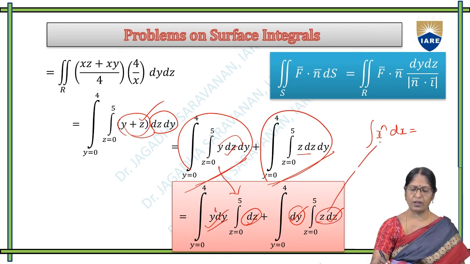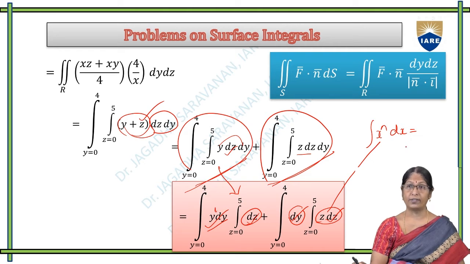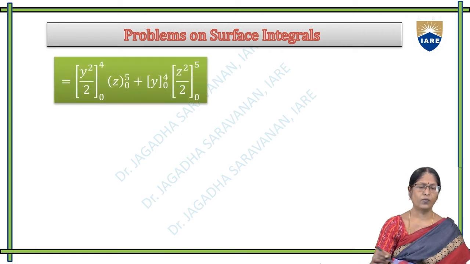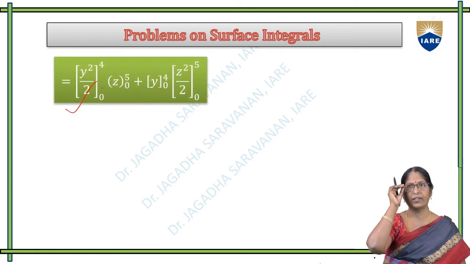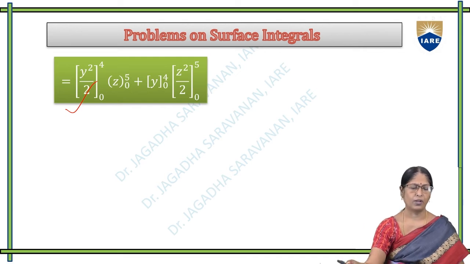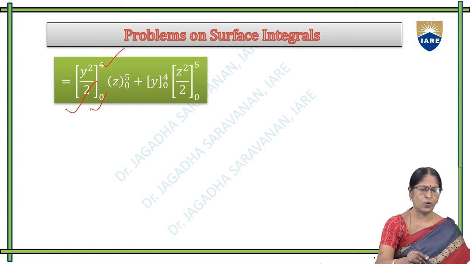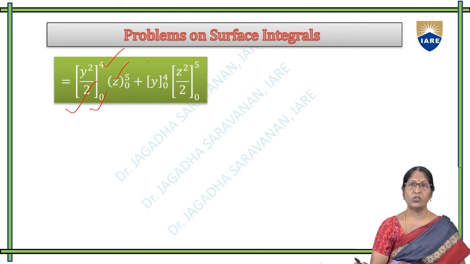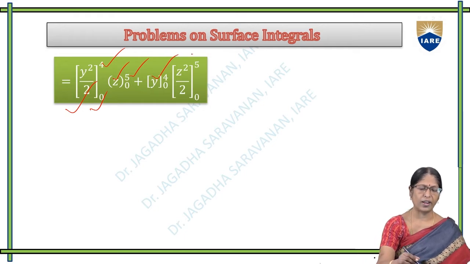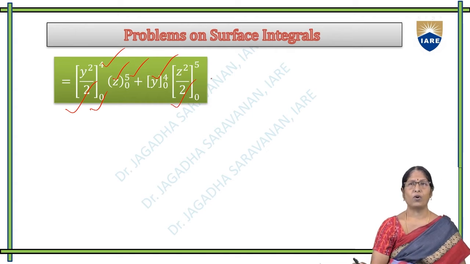And for z power 1, the integration is z squared by 2. So we can see it here, as discussed in the previous slide: y squared by 2 with limits 0 to 4. The second, the integration is z, so the limits are 0 to 5. Next is y, with limits 0 to 4. The last is z power 1, whose integration is z squared by 2 from 0 to 5.